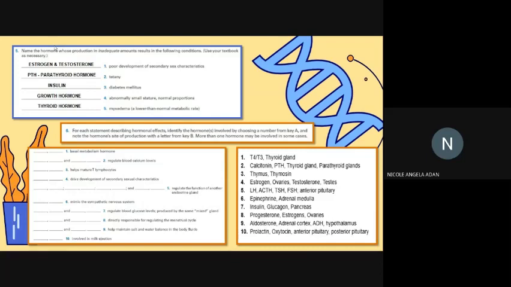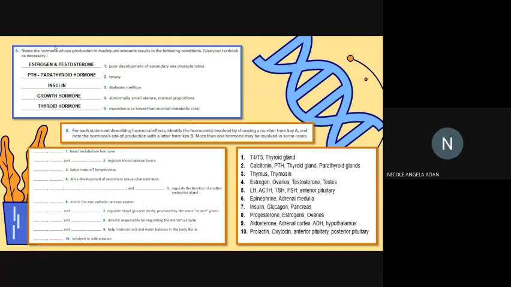Number 4, drive development of secondary sexual characteristics. For female, it is estrogen, which is secreted by the ovaries, and for male, it is the testosterone hormone, which is secreted by the testes. Number 5, it regulates the function of another endocrine gland.